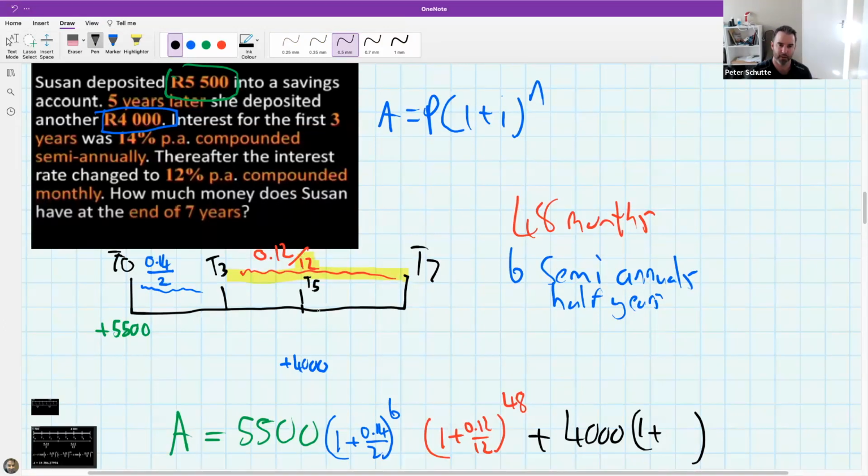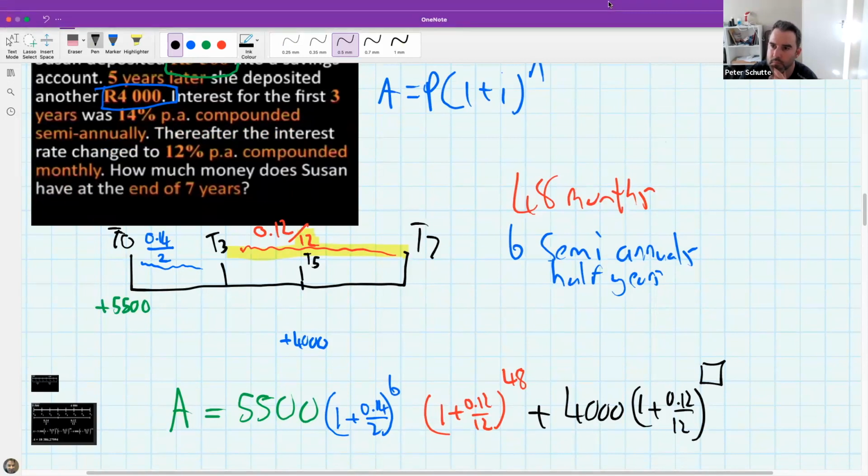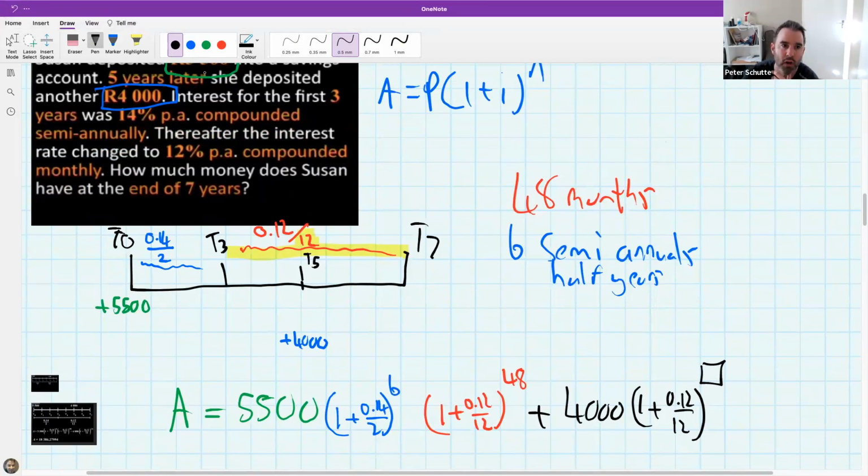Okay, now you're right, because this 4,000 only arrives on the scene in the red interest land, this is going to be that over 12. What is the number at the top here going to be? So how many months does the 4,000 grow for? Okay, so it grows for 24.